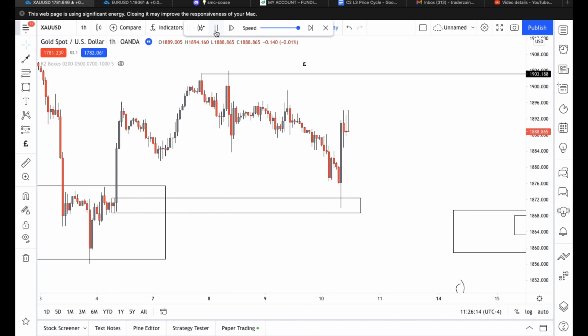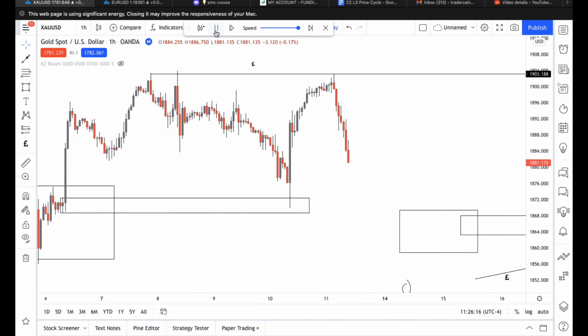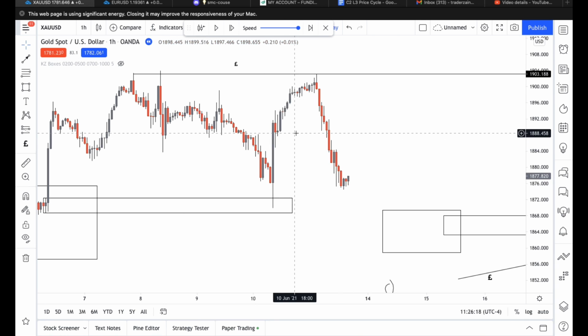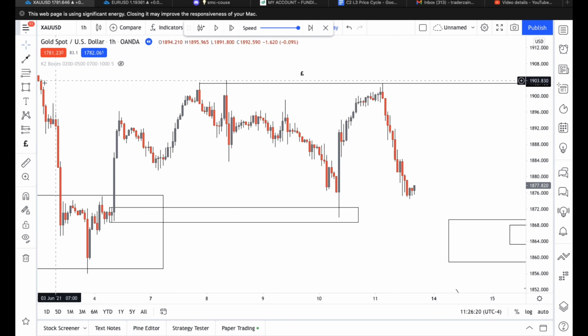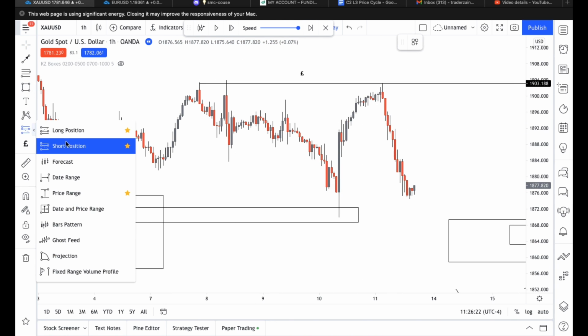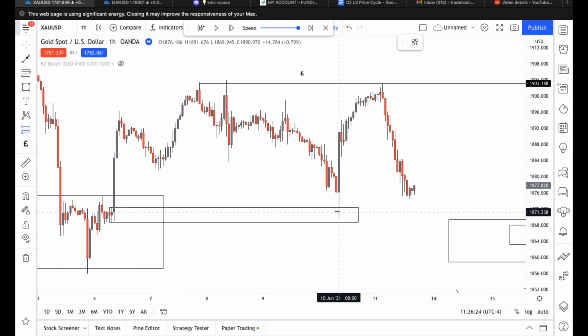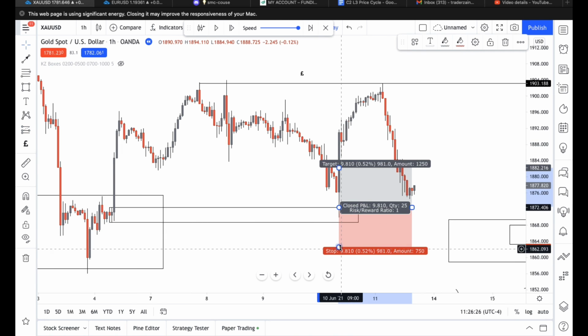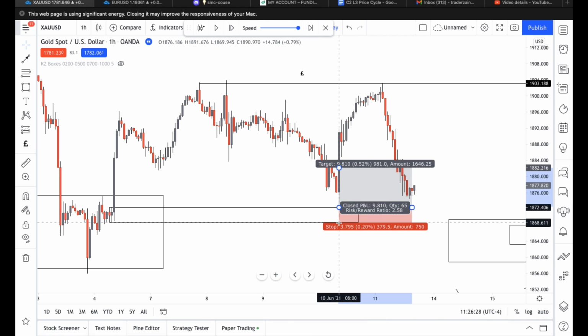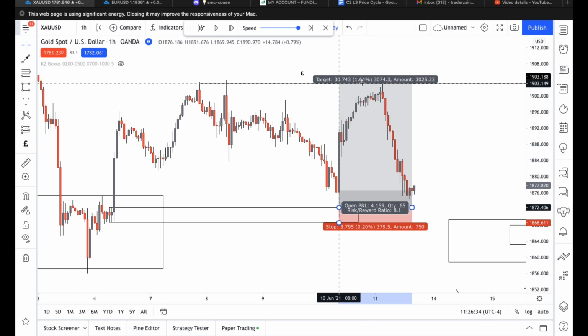So let's see what happens. It didn't take out the liquidity, but essentially when it comes to setting the TP, you would have targeted those highs. So you would have entered right here with your stop loss either at the close of the wick, or you can have it a few pips below depending on how aggressive you are, and your TP would have been that high.